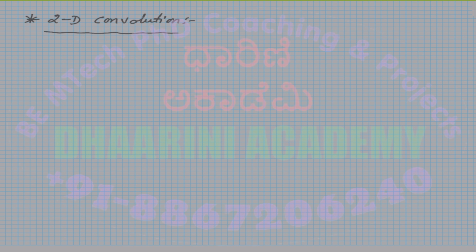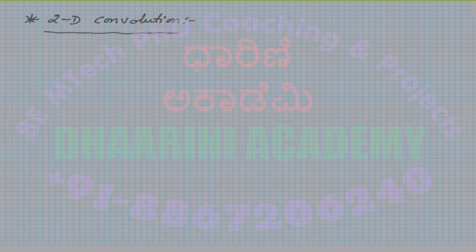So instead of using two one-dimensional signals, we take two signals in two dimensions, considered to be two-dimensional signals, and we will perform the convolution of two-dimensional signals.